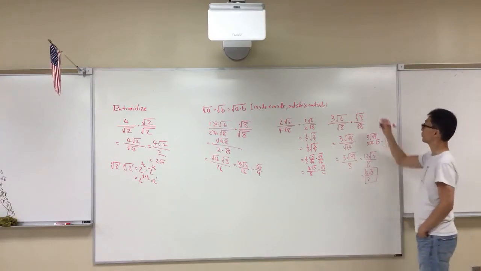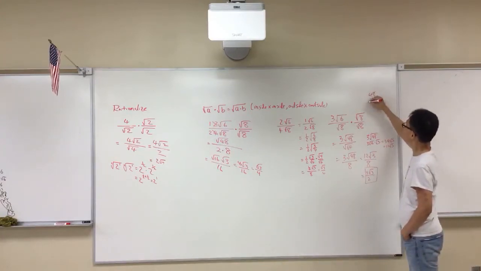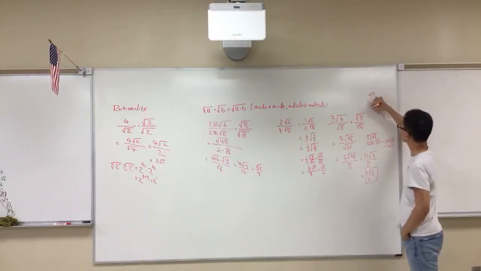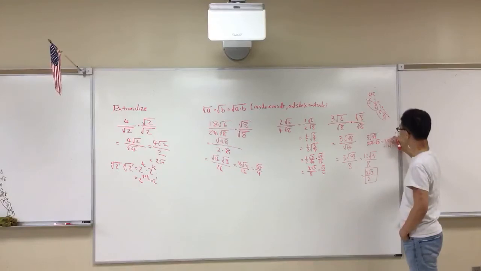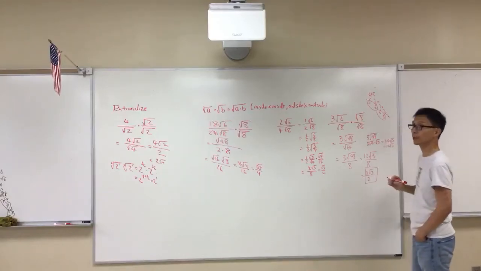Or you can do 48, 2, 24, 2, 12, 2, 6, and 2, 3. So this is one group, 2 groups. So this one's going to have one survivor, so it's going to be 4 square root of 3. But you have to remember there's a 3 in the front, so that's going to multiply.